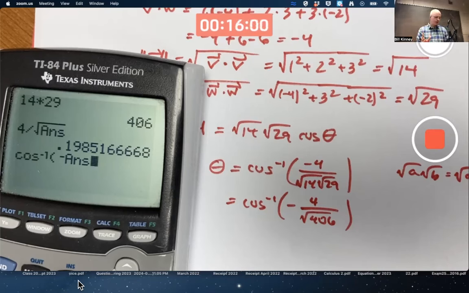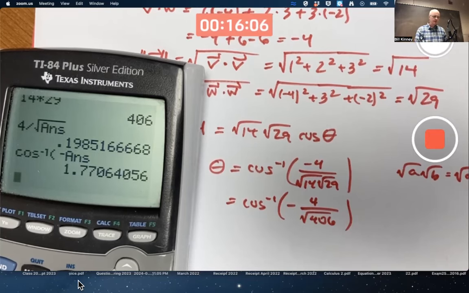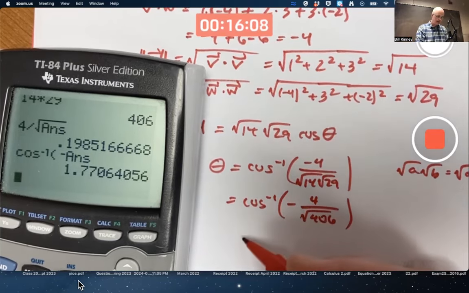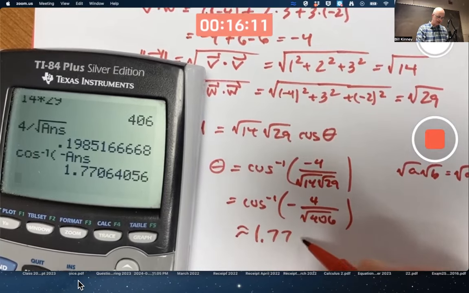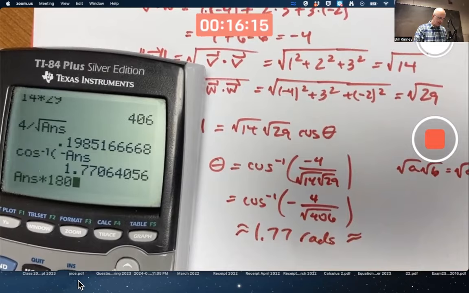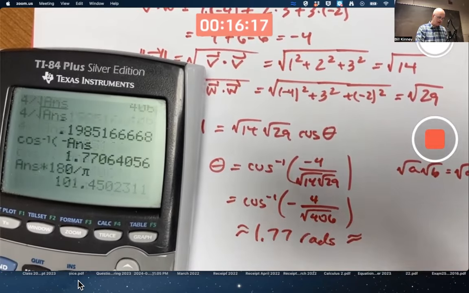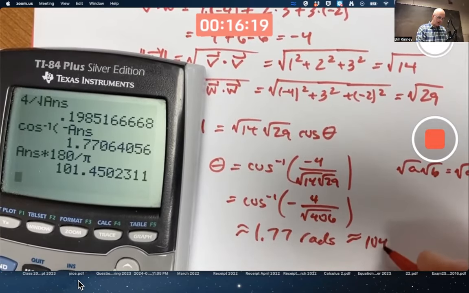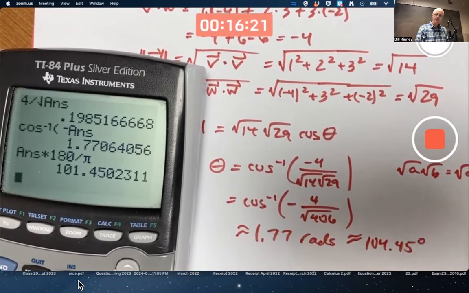So we're going to get an answer in radians between 1.57 and 3.14. 1.77 radians. Multiply it by 180 and divide by pi. It's about 101.45 degrees. It's a bit bigger than 90 degrees.